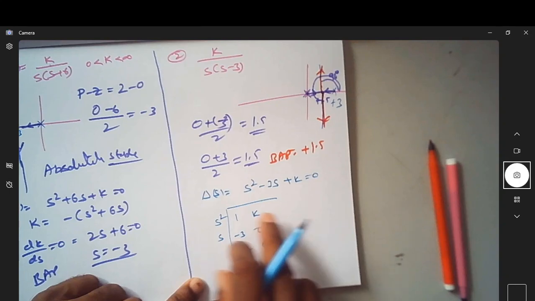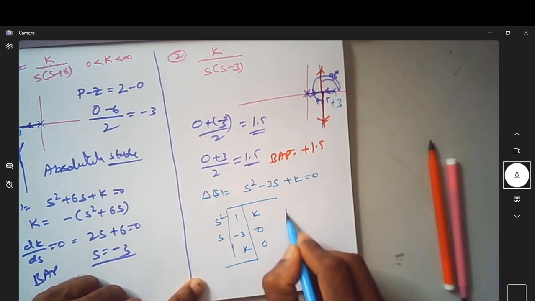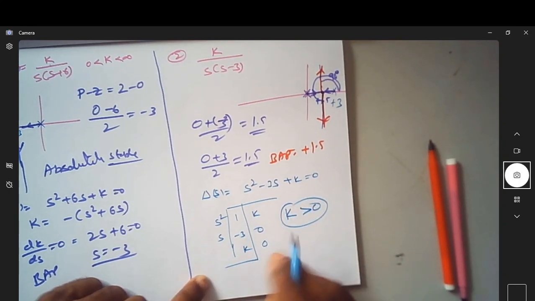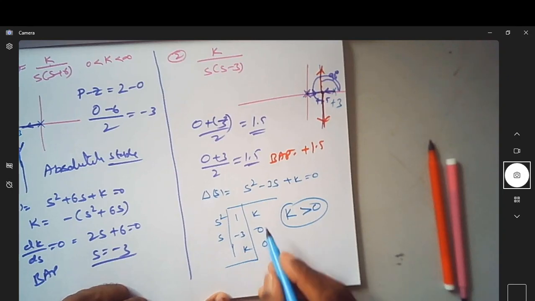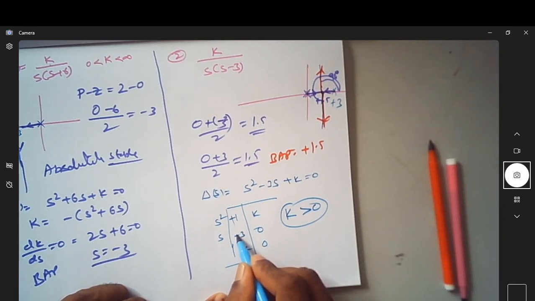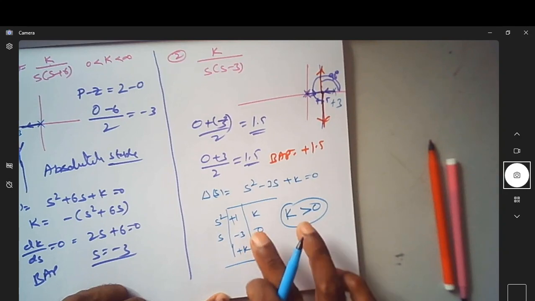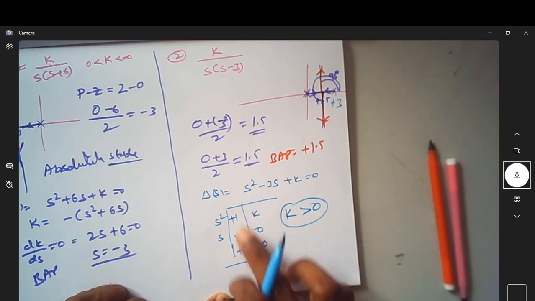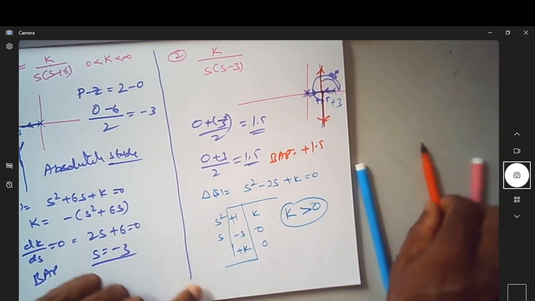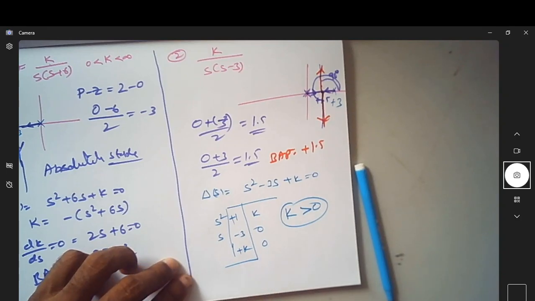Once this is your Routh array, for any value of k greater than 0, how many sign changes? You can see this is plus to minus, 1 sign change, and minus to plus, second sign change. So there are 2 poles on the right hand side, because there are 2 sign changes. Naturally the system is absolutely unstable.